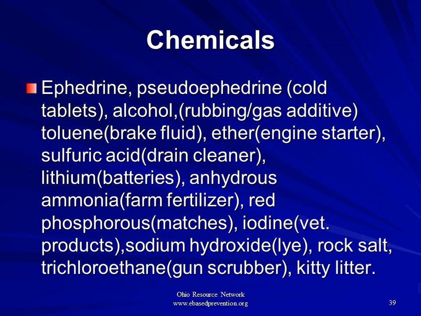Anhydrous ammonia is another major component in methamphetamine production. Red phosphorus coming from match strike plates, iodine, sodium hydroxide, which is a drain opener, rock salt, trichloroethane, which is used to clean guns, and kitty litter, which is used to absorb chemical spills.